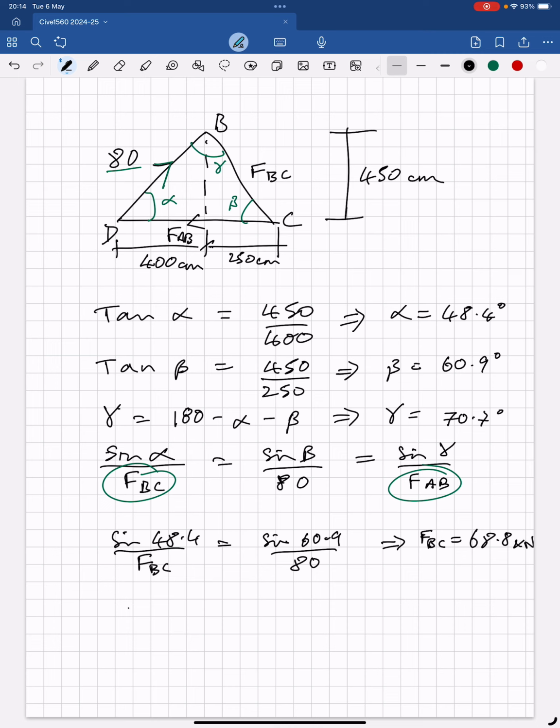We can also do sine of gamma, 70.7, over FAB equals this same again, sine 60.9 over 80, which leads to FAB equals 86.4 kilonewtons.